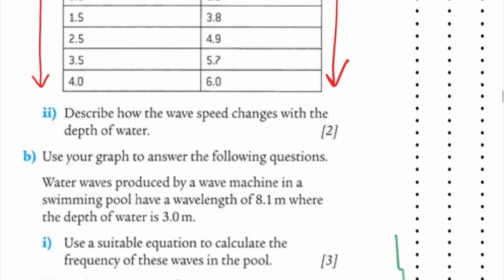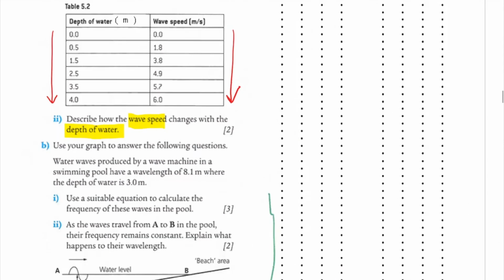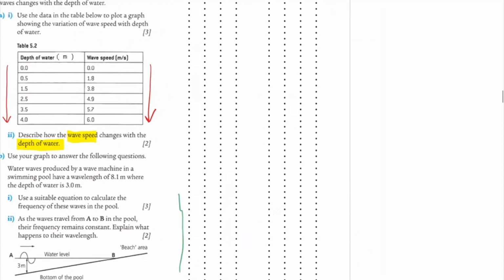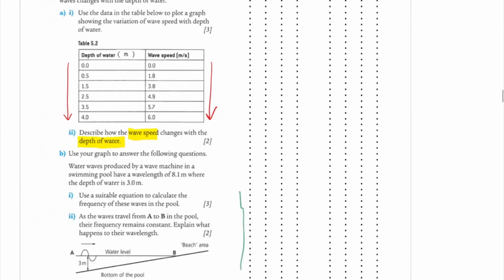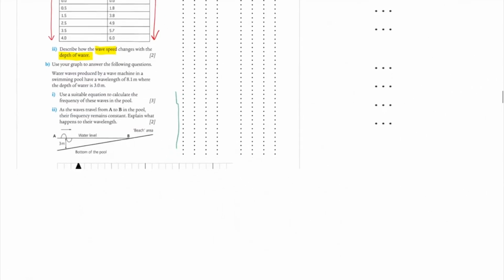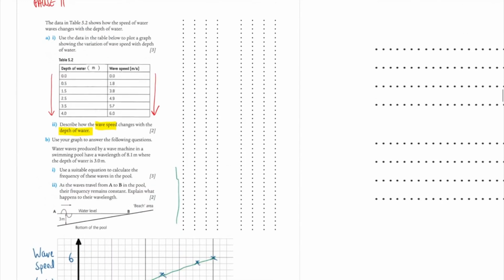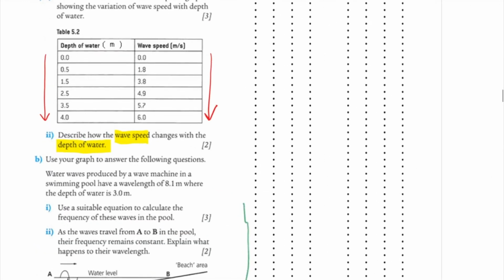This is looking for an explanation. How does one thing affect the other? How is wave speed affected by the depth of water? Well, you can see the deeper the water, the faster the wave. You could embellish or improve the answer by taking some figures.